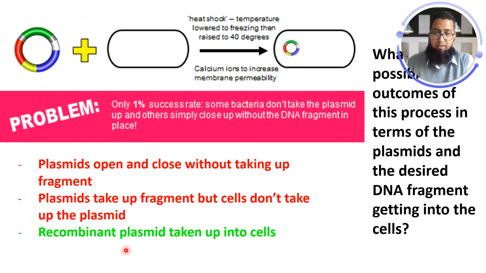Number three, the recombinant plasmid enters into the cell, which we want. That's the green one, and only 1% happens. And the other scenario that we said, the DNA and the other DNA, meaning we produce maybe more than one fragment, so different DNA fragments can join together to form their own loop.